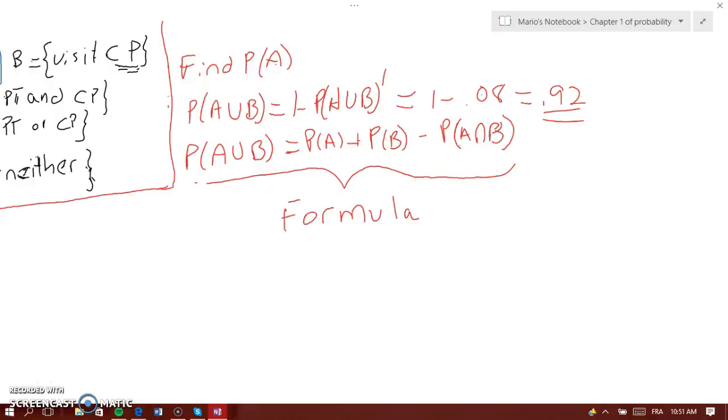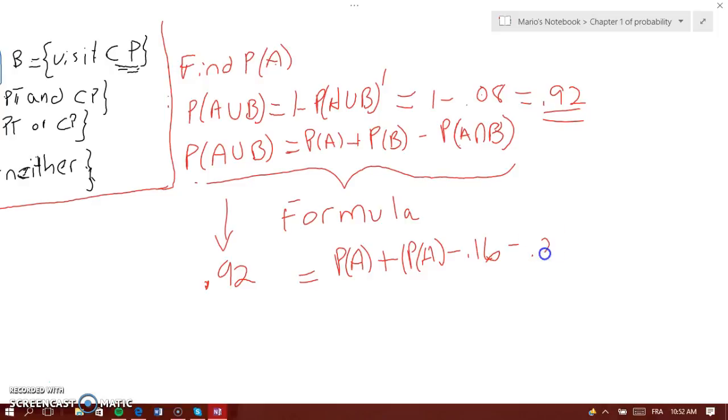So what is P(A union B)? P(A union B) equals 0.92, which is right here, just fine. 0.92 equals PA plus PB minus 0.28, which is P(A intersection B).